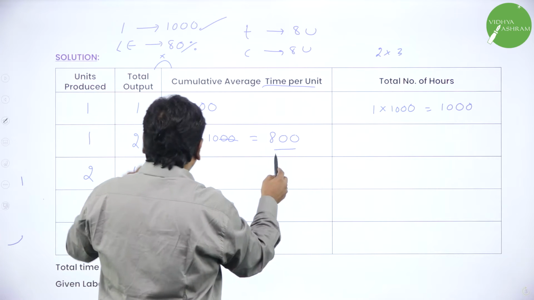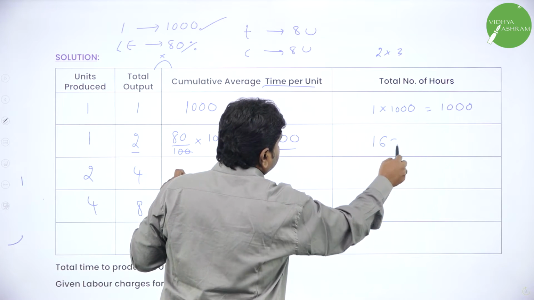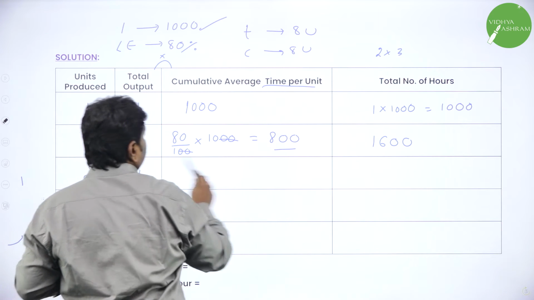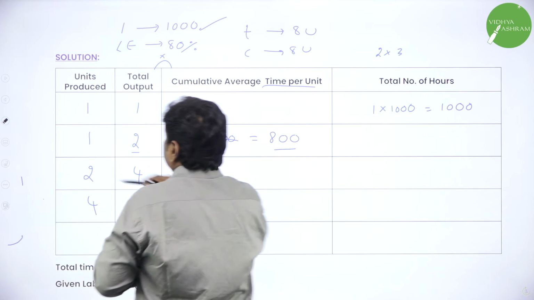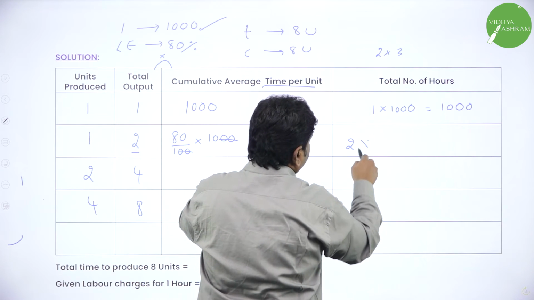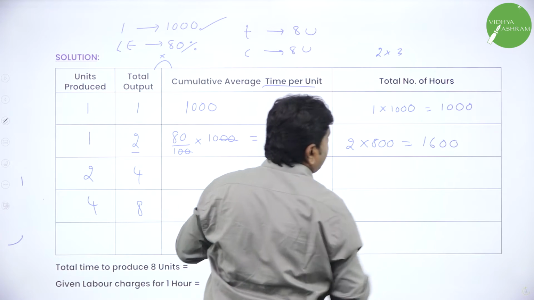Now you multiply this 800 with 2, 800 into 2 gives you 1600 hours. If you make the column bigger, you can show this also here: 2 into 800 becomes 1600.